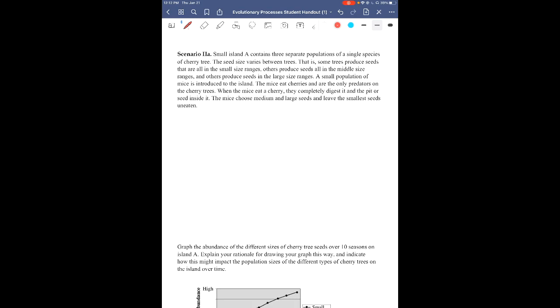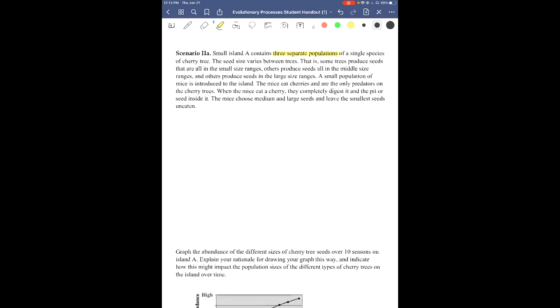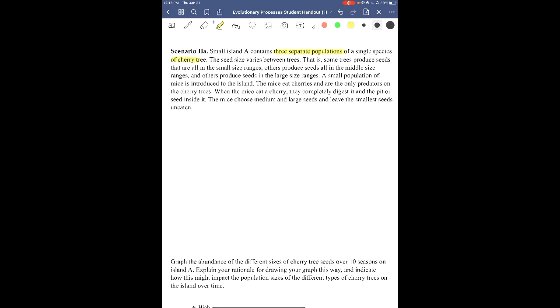All right, let's look at the second scenario. A small island contains three separate populations of a single species of cherry tree. The seed sizes vary between trees. That is, some trees produce seeds that are all in the small size range, and others produce seeds all in the middle size range, and others produce seeds in the large size range.